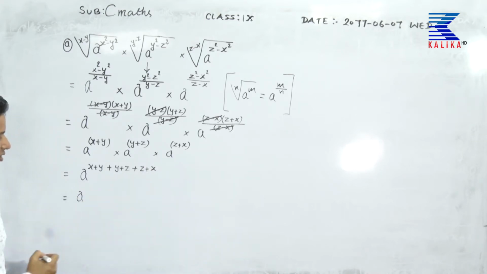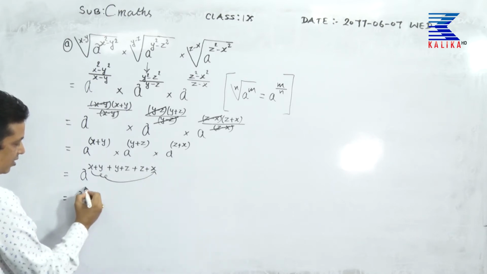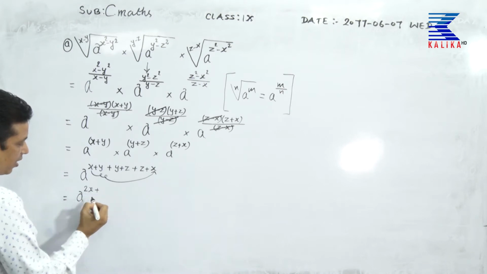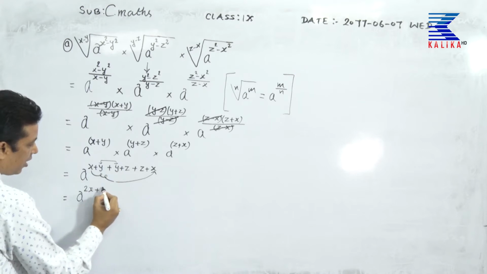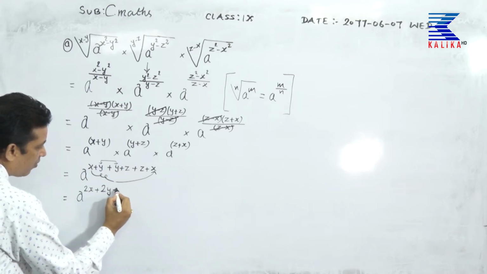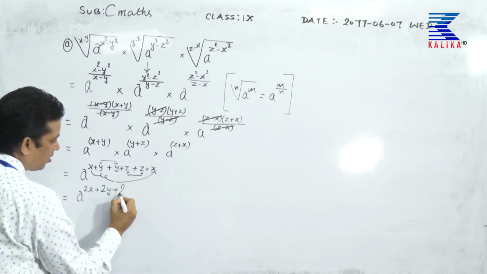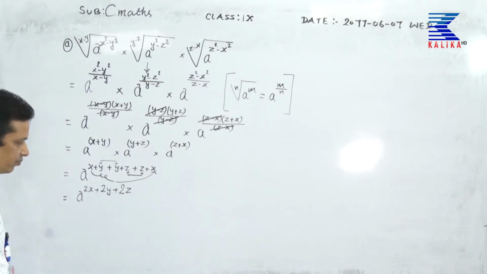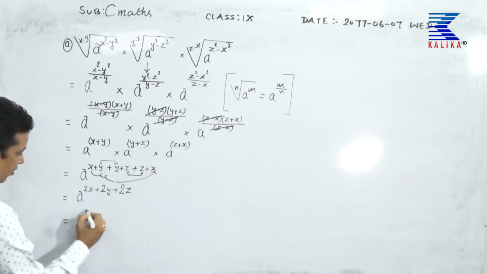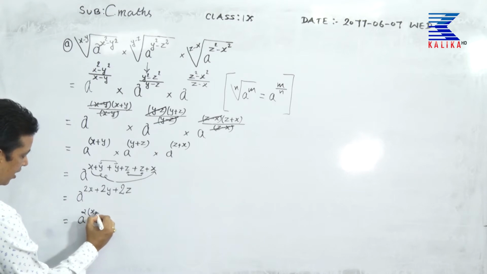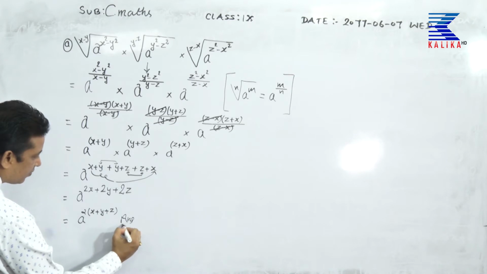Now, I hope you can write directly, no need to rearrange the like terms. x and x become 2x, plus y plus y becomes 2y, plus z plus z is 2z. So, you can write it differently: if you take 2 common, it becomes 2 times x plus y plus z, and this is the answer.